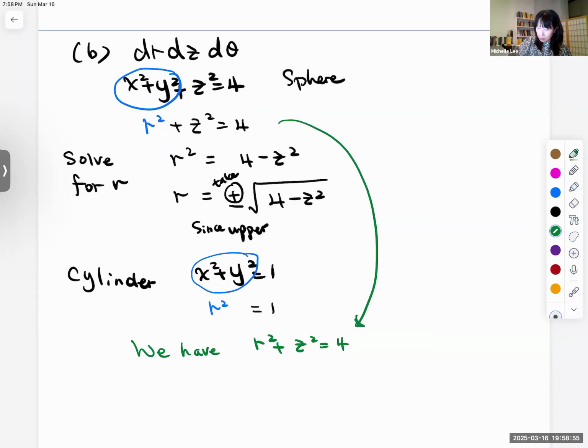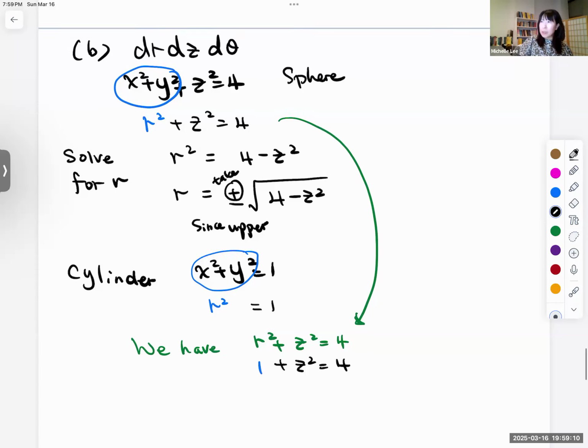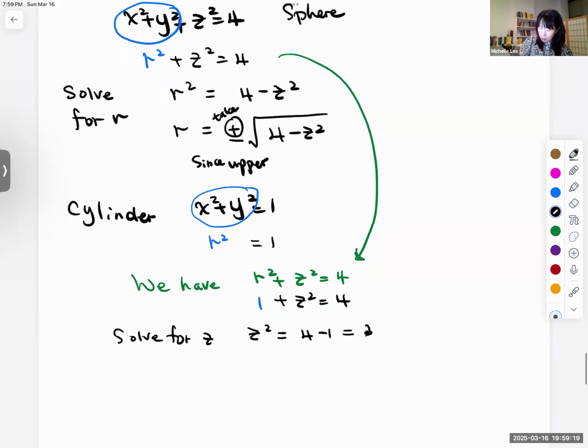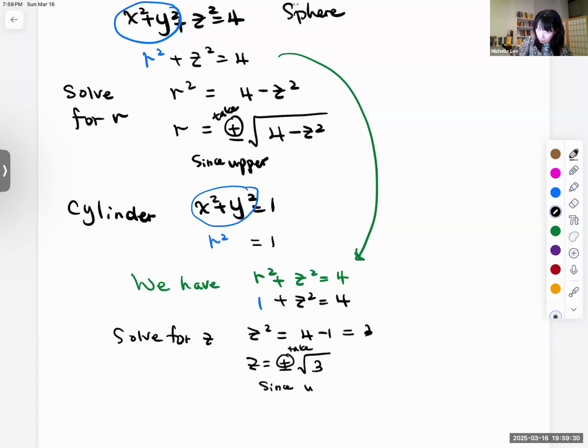Then r, which is 1, so 1 plus z squared equal to 4. Now solve for z. z squared equals 4 minus 1, which is 3, right? z equals the square root of 3, and we take only the positive since it's the upper region. That's how we get the square root of 3 for z.